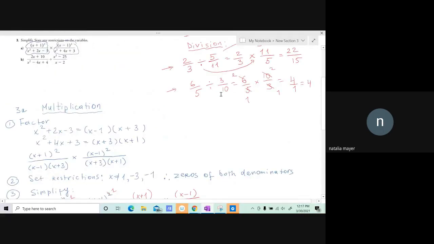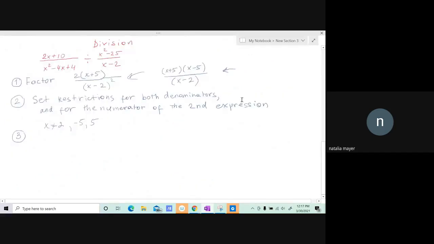That means the first thing you need to do is replace the division sign with a multiplication sign.